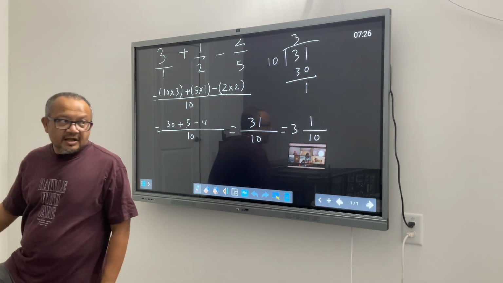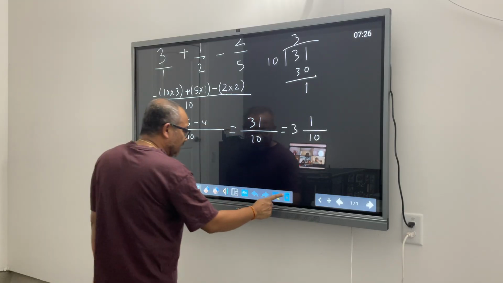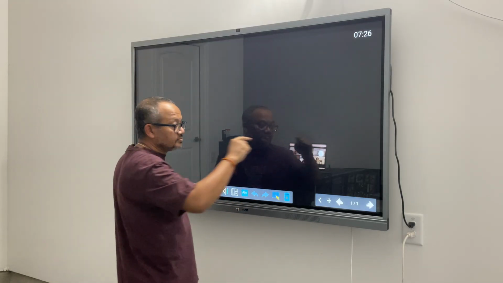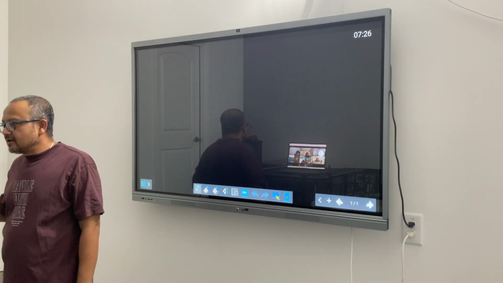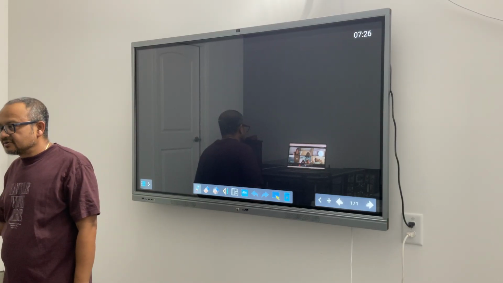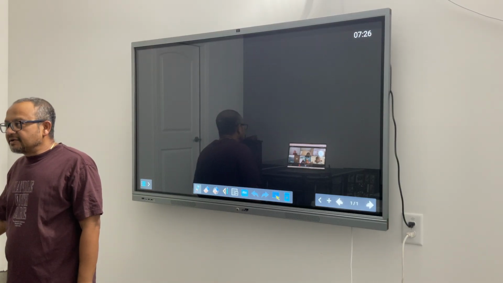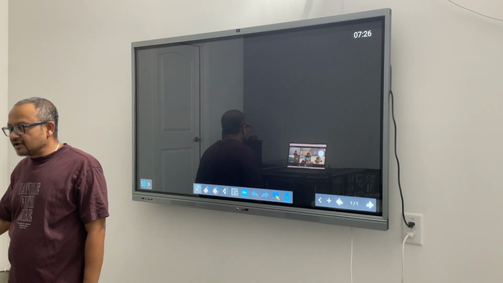That's okay. Now, before I go to fraction multiplication and division, let me show you guys one dirty technique.